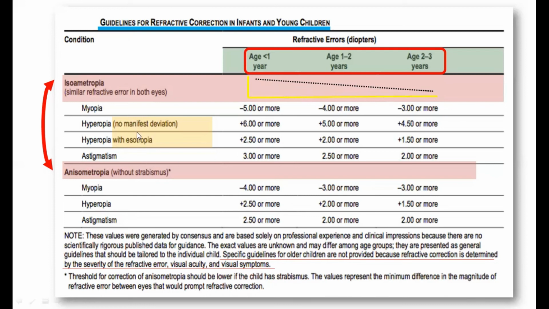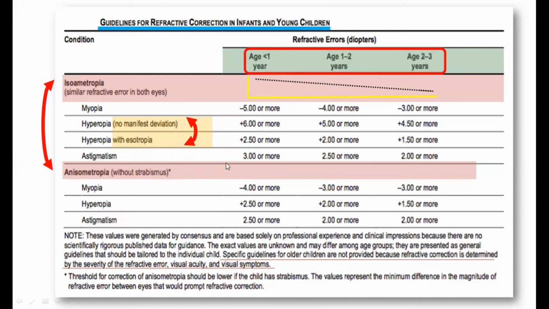And here, note the effect of having eso deviation in hyperopia. The threshold for prescribing spectacles in hyperopic refraction is lower if there is an eso deviation, in comparison to hyperopia without eso deviation. And as you know, hyperopia is the expected refractive error in this age group. However, we can prescribe spectacles of +5 or more in this age group if there is esotropia.